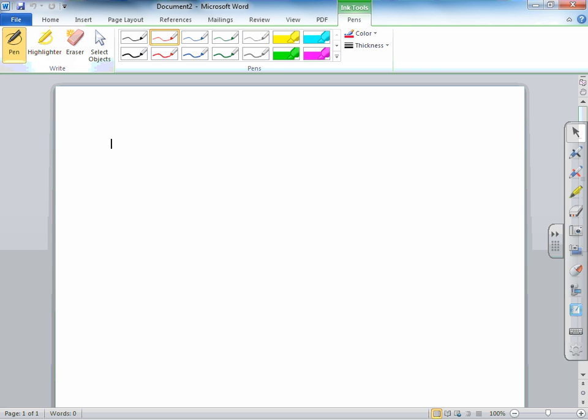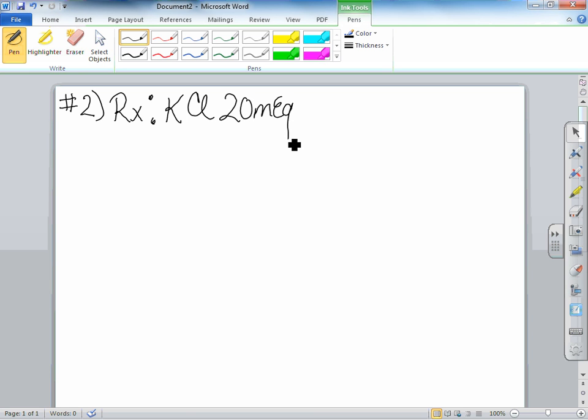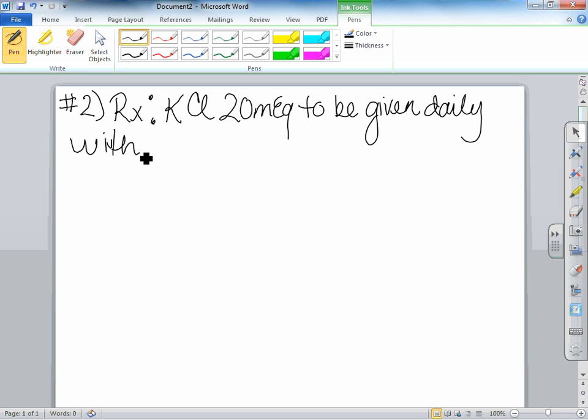Okay, so if we look at number two, I'm still in chapter 7 on page 120, but number 2 reads, Dr. Ho orders KCl. You should know KCl stands for potassium chloride, 20 milliequivalents, to be given daily with furosemide.